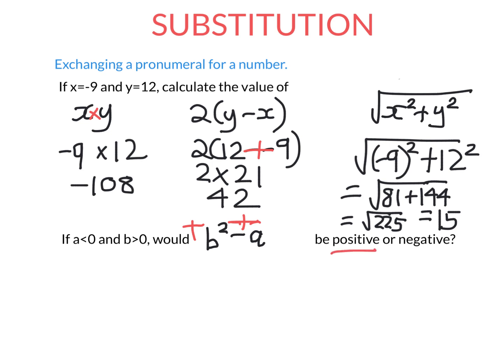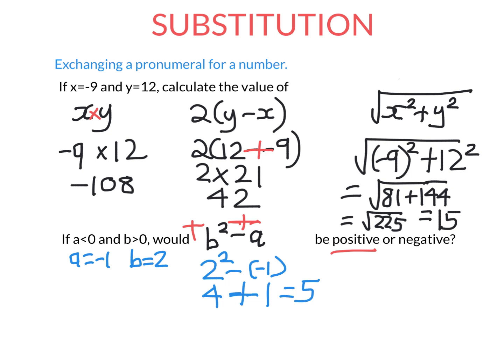Now, if you're really unsure of this, you could substitute any positive number for b and any negative number for a and see what happens. Let's just say, I'm just going to choose random values. Let's say a was -1, because it has to be negative, and let's say b was +2. b squared minus a: well, 2 squared is 4. 4 subtract -1 becomes 4 plus 1, which is 5.